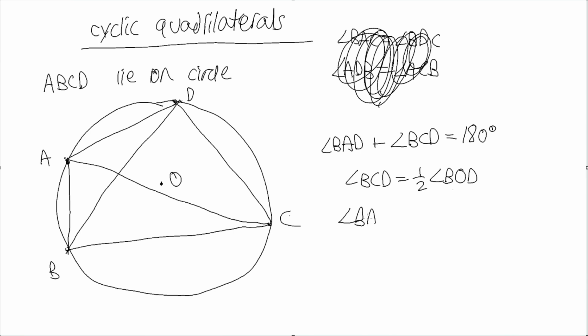Now, what about BAD? Then we want to prove that it is 180 minus this. Well, why not just use the inscribed angle theorem again? Well, we can't exactly do that because A is not on the right side, but we can repeat a similar argument for its proof by drawing the isosceles triangles. And when we do that, we discover that BAD is equal to 180 degrees minus 1/2 angle BOD.